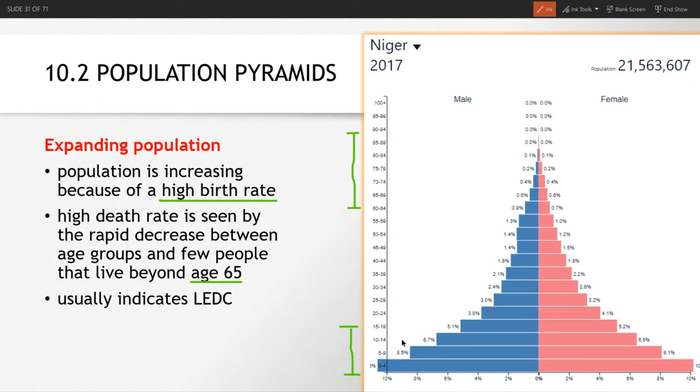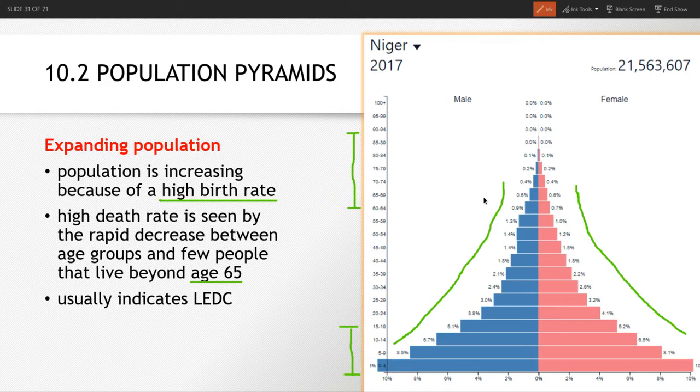Now, if the side of the pyramid was a little wider on both sides here, then that would indicate that people are living to be a bit older, so therefore the death rate is going to be lower. That's when the population would really start to expand, and that'll be when we get into stage 2 of demographic transition.